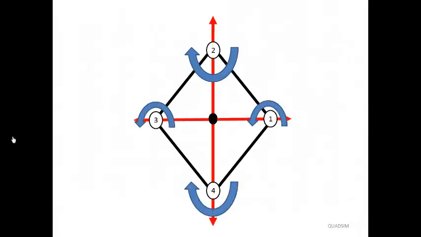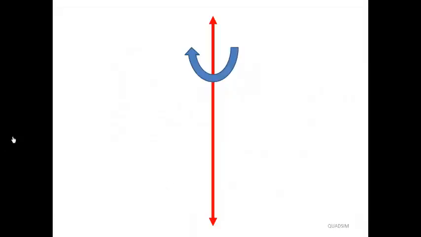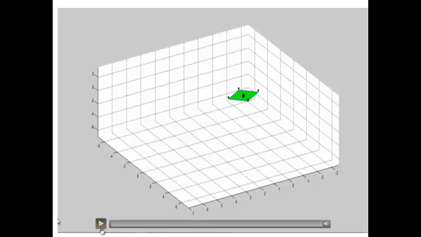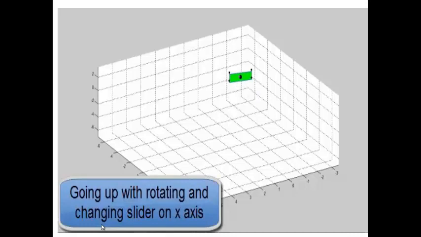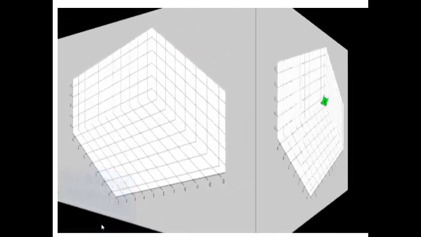But what about the rotating with slider changing? It is very amazing. Please see it, going up with rotating and changing sliding on x-axis. It means that we go up but slider is changed and drives on x-axis.